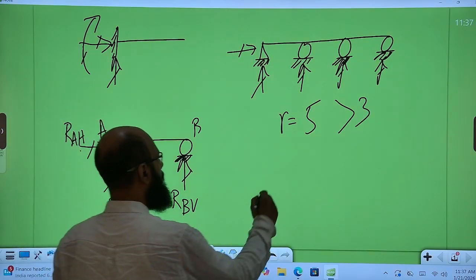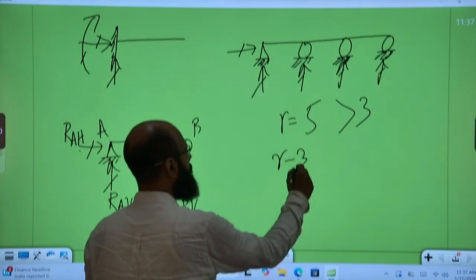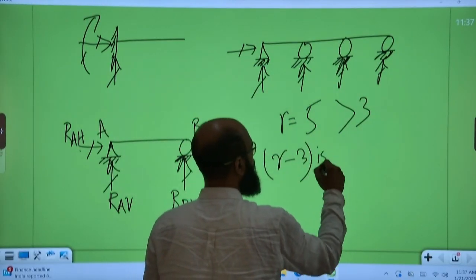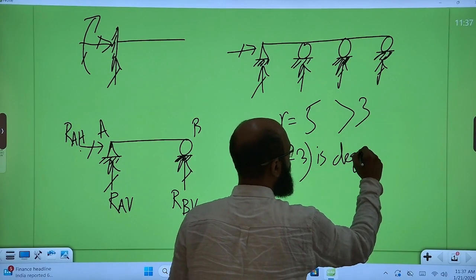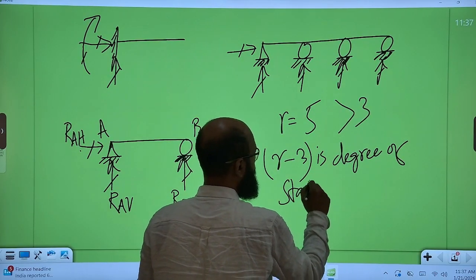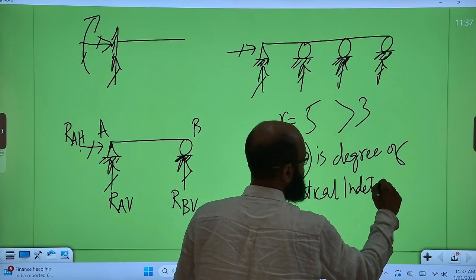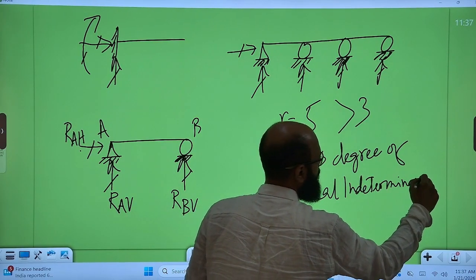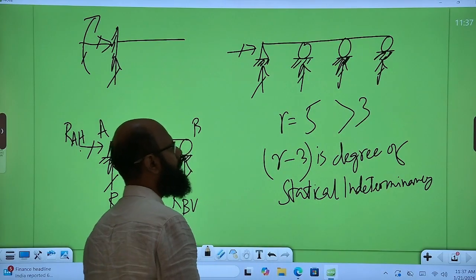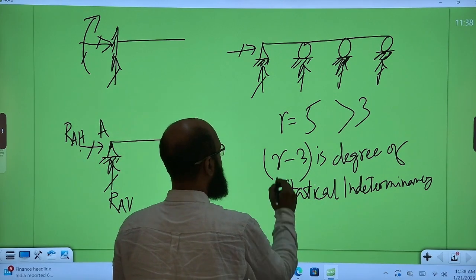And R minus 3 is the degree of statical indeterminacy. Here it will be 5 minus 3.